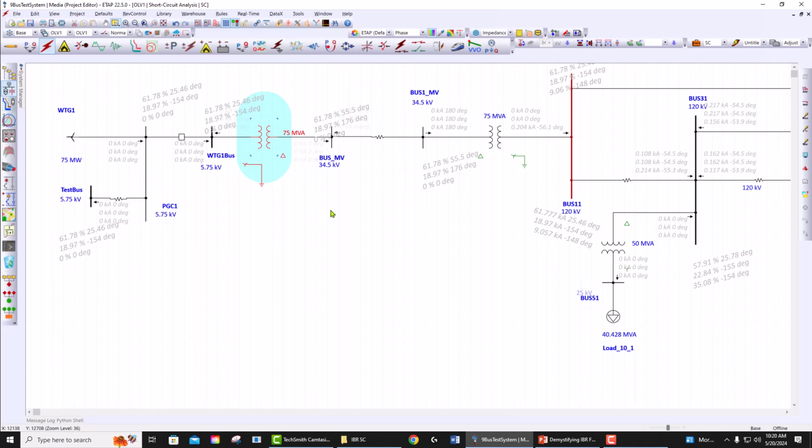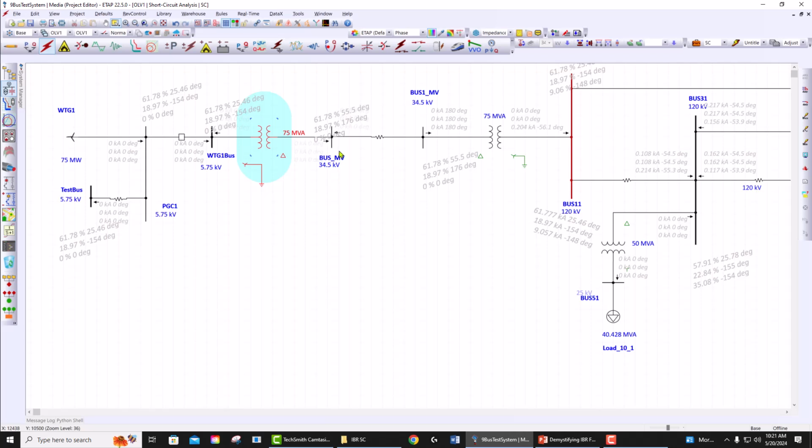What most software vendors have done in the last few years to address this issue is to detect these cases, and rather than using the fault voltage to determine the current, they use the pre-fault voltage to determine the current angle. This way you get some sort of stability or convergence in your short circuit studies.